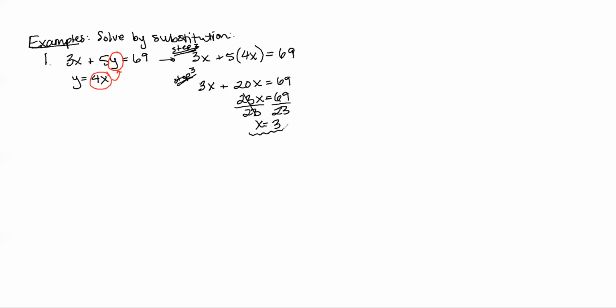But remember, when you're looking for the solution for these, you're looking for the point where they intersect. So you need both the x and the y. If you only put the x, that would be half of the solution. So now we're going to do step 4, and take this x and plug it back into either equation.